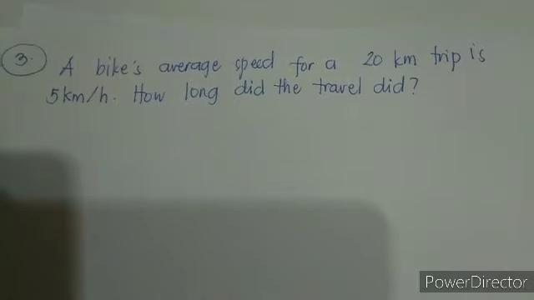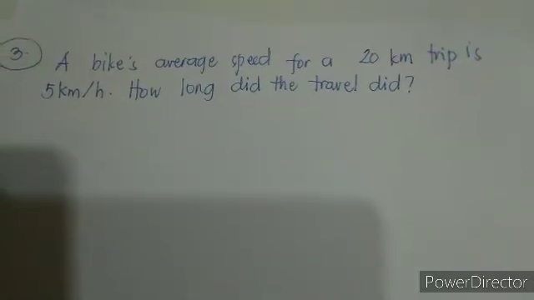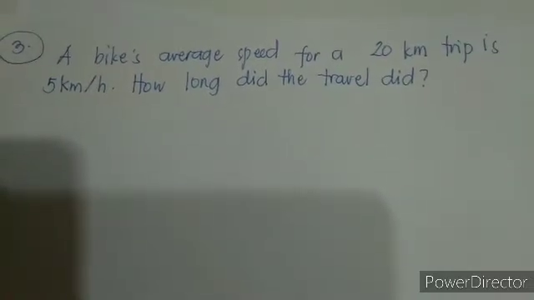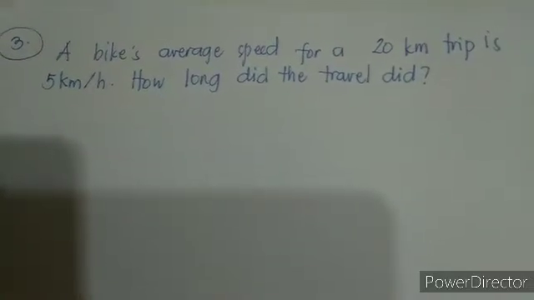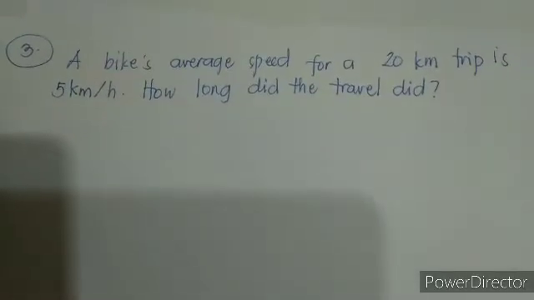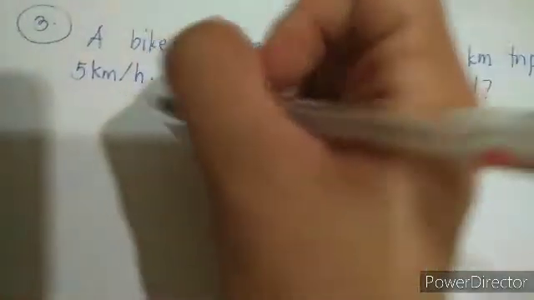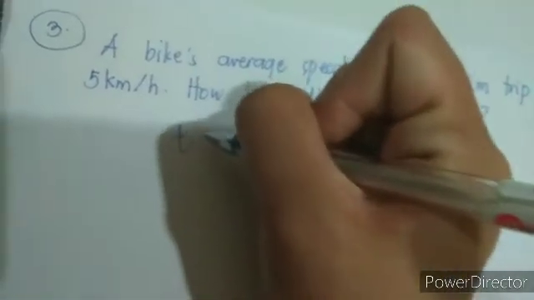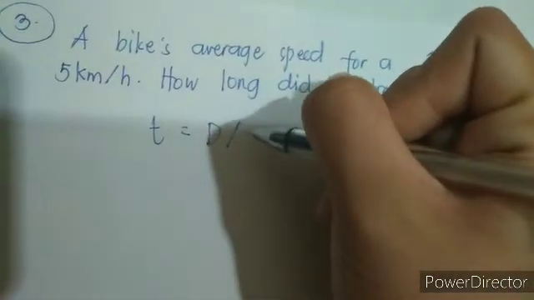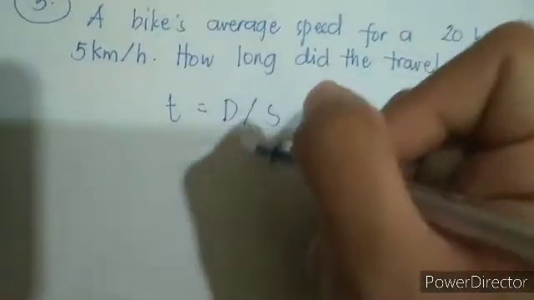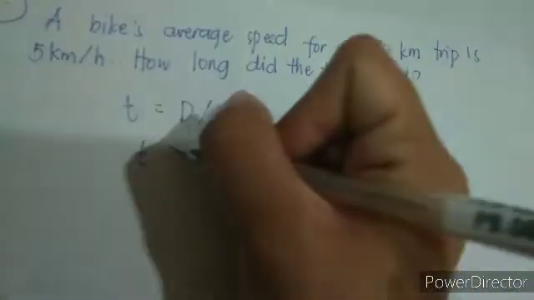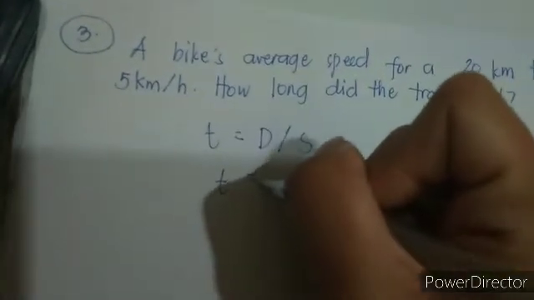So as you observe, guys, we solved for the speed a while ago, and right now we are going to find the time. The formula in getting the time is T is equal to D divided by S. So that's distance divided by speed. So T is equal to, how much is our distance?